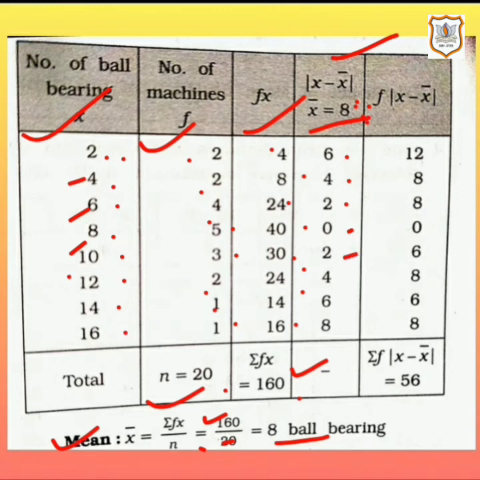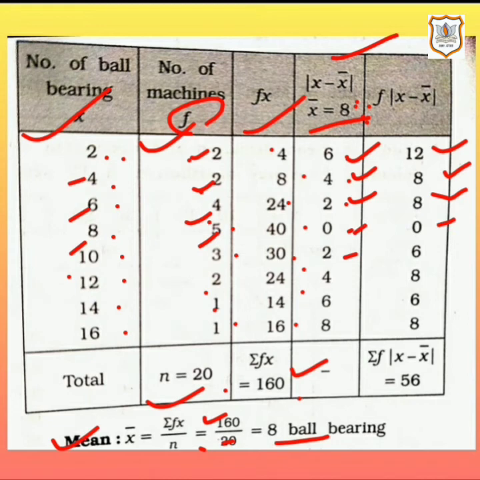Now we are going to find f into absolute x minus x bar. This is f column, that means 2 multiplied by 6, this will give you 12. Then 2 multiplied by 4, this will give you 8. 4 multiplied by 2 will give you 8. 5 multiplied by 0 will give you 0, and so on.